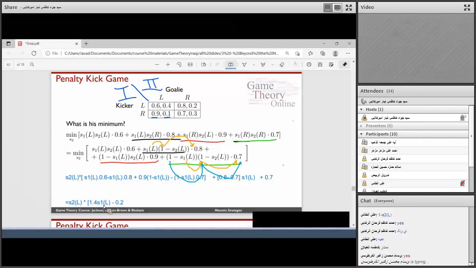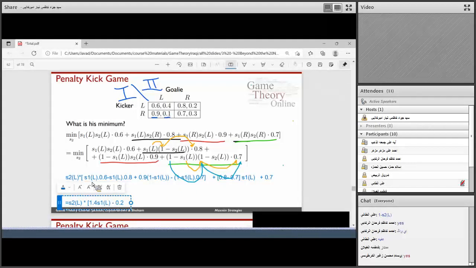All right, so let's simplify it now. So now we got S1 of L 0.6 and minus 0.9, which gives me minus 0.3. And then we got minus 0.8, which gives me minus 1.1. And then I get plus 0.7.